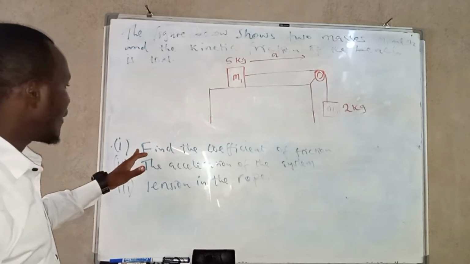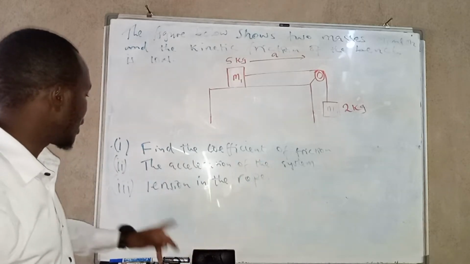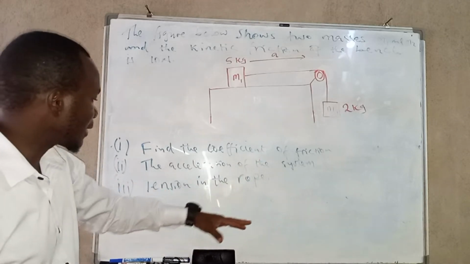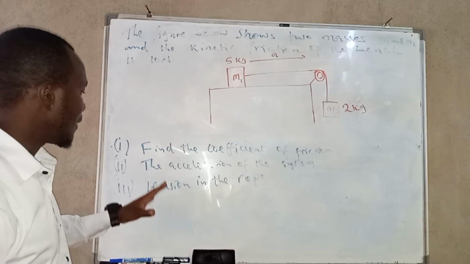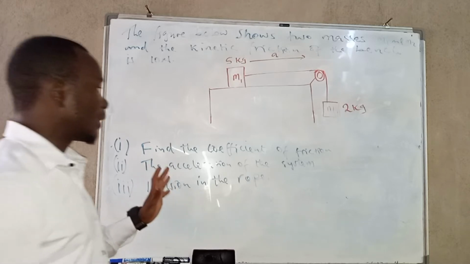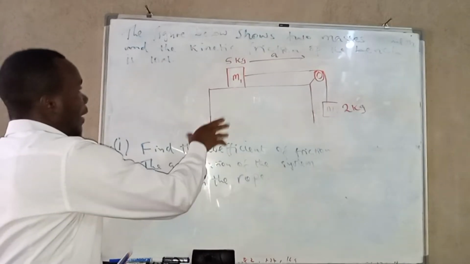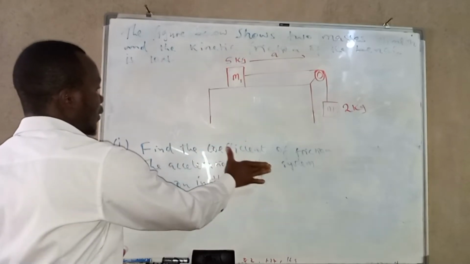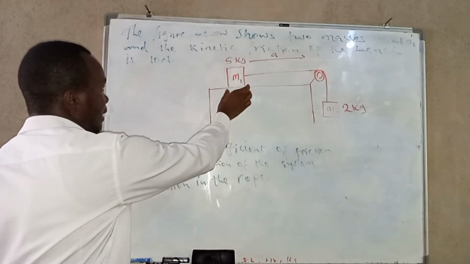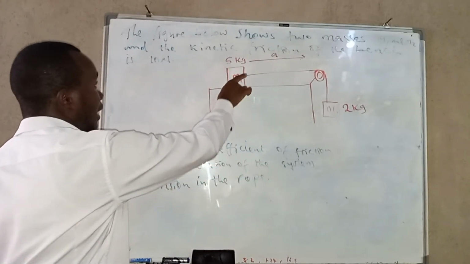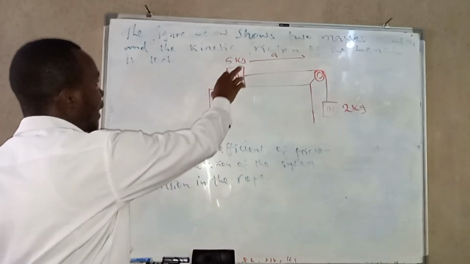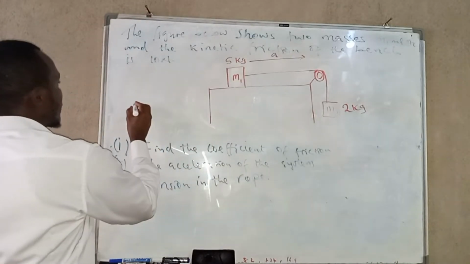So the first question is to find the coefficient of friction, 2, the acceleration of the system, 3, the tension in the rope. Here we are going to begin with the coefficient of friction, which concerns just this mass that is encountering this resistance.